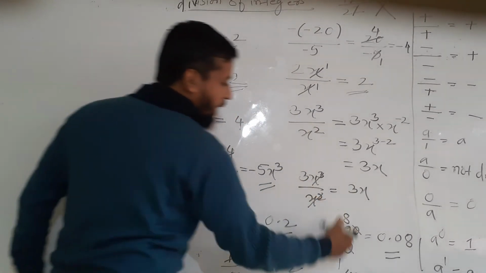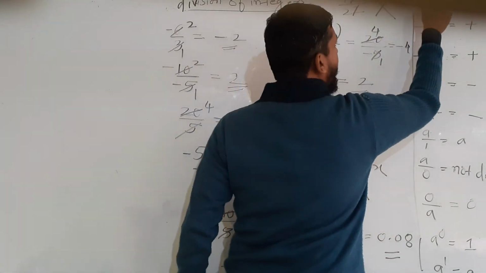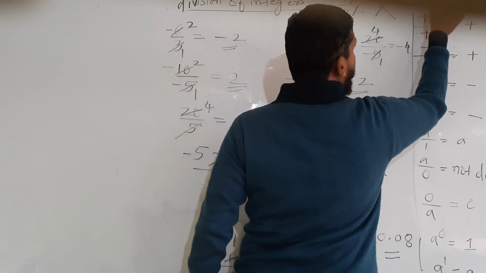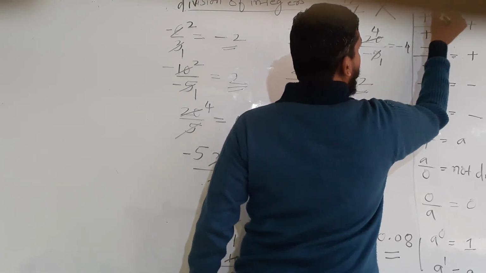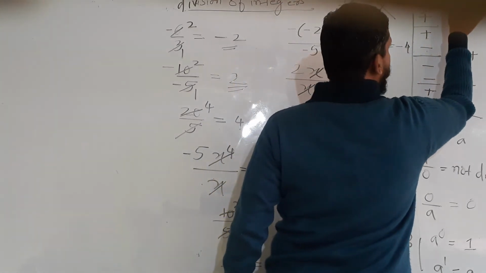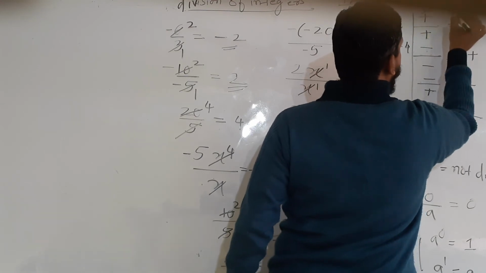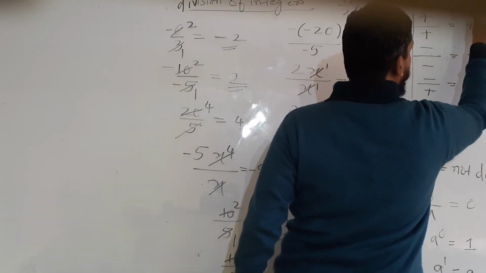As I show you here, this example I will show here. See, it is 400 divided by 50. What is it? 400 can be written as 40 into 10 and 50 can be written as 5 into 10.